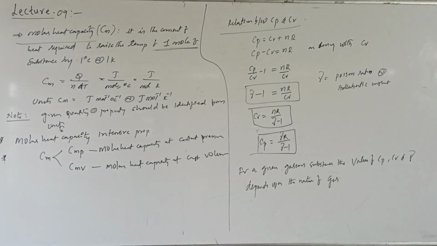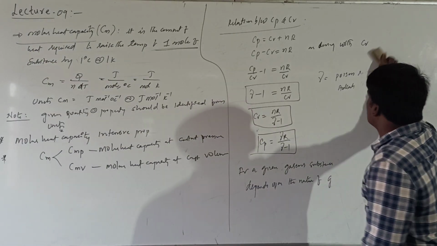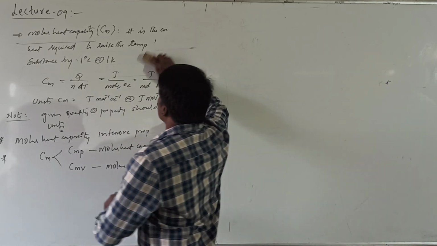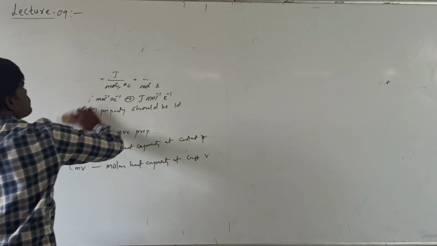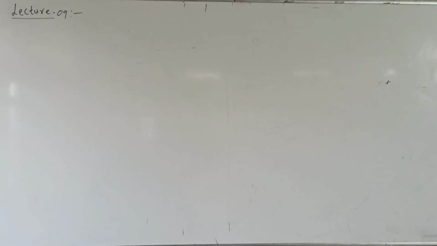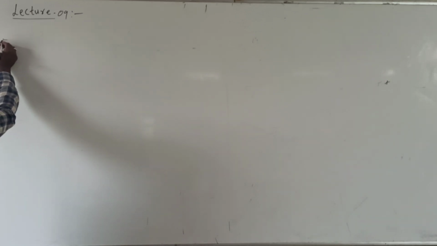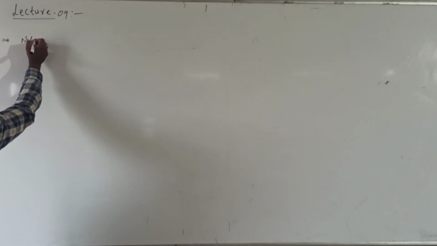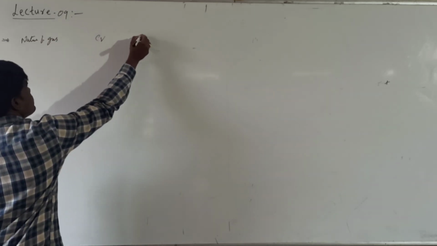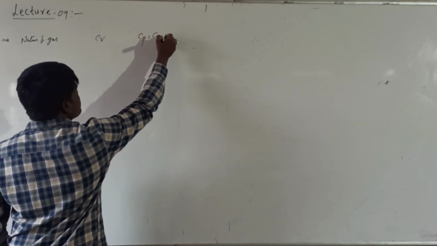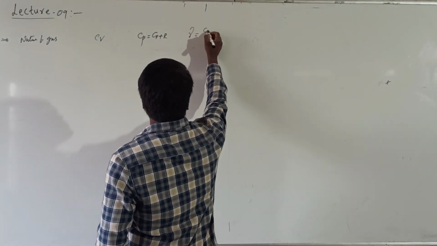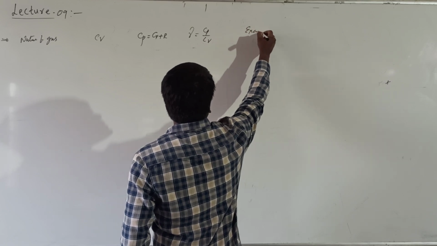For example, Cp will be equal to Cv plus R if you are talking about 1 mole of gas. Then gamma will be Cp upon Cv, and we will take the examples.